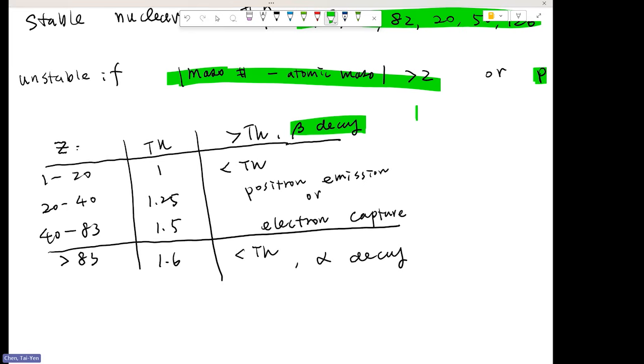But if it's smaller than the threshold, then you can have either positron emission, meaning you produce 1 positron on the product side, or electron capture, meaning you get 1 electron on the reactant side. It's either or, so in your questions you only see one of them, either positron emission or electron capture.